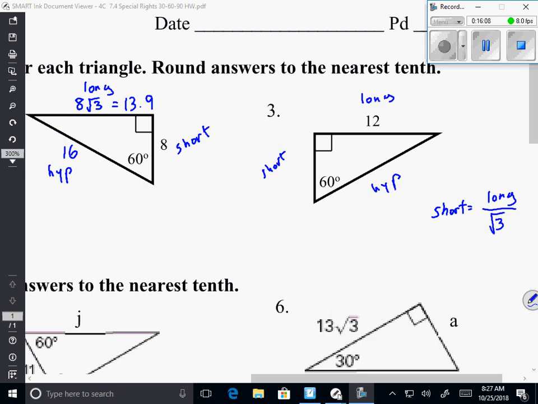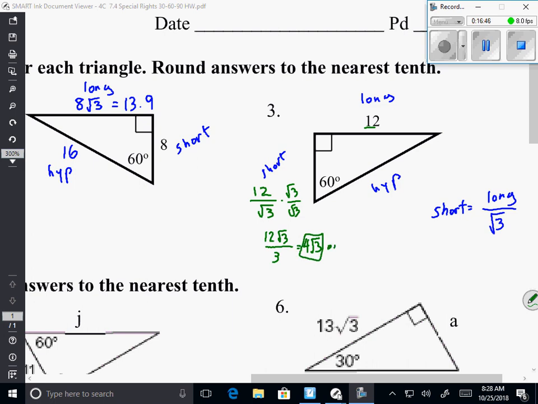Short is equal to the long divided by square root of 3. So short is equal to the long, which is 12, divided by square root of 3. In proper radical form, multiply by square root of 3 over square root of 3. You're actually multiplying by 1. That becomes 12 square root of 3 over plain old 3, which becomes 4 square root of 3.